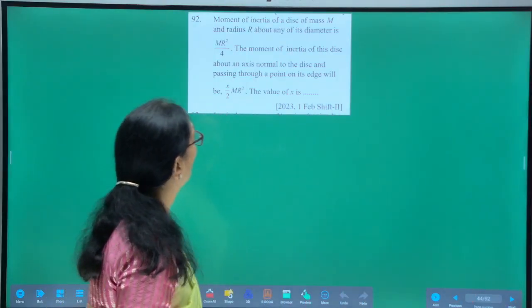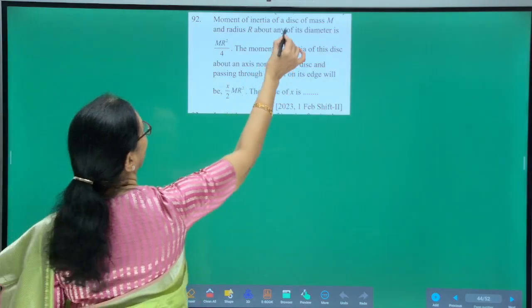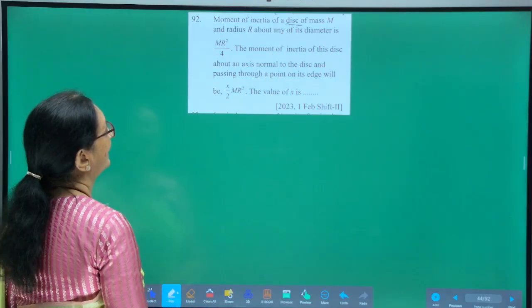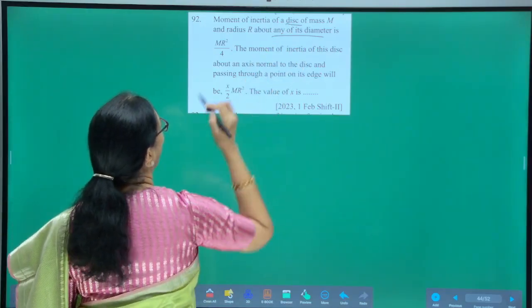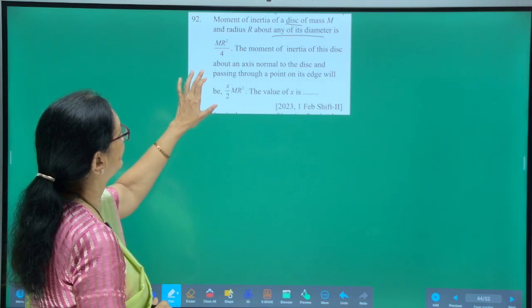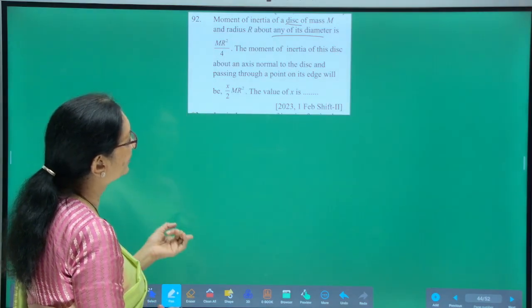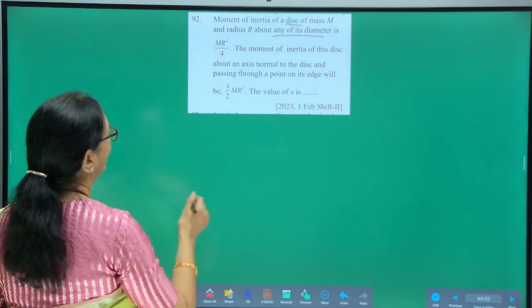Okay. Now, 92. Moment of inertia of a disc of mass m, radius r about any of its diameters is mr²/4. Moment of inertia of this disc about an axis normal to the disc and passing through a point on its edge will be.